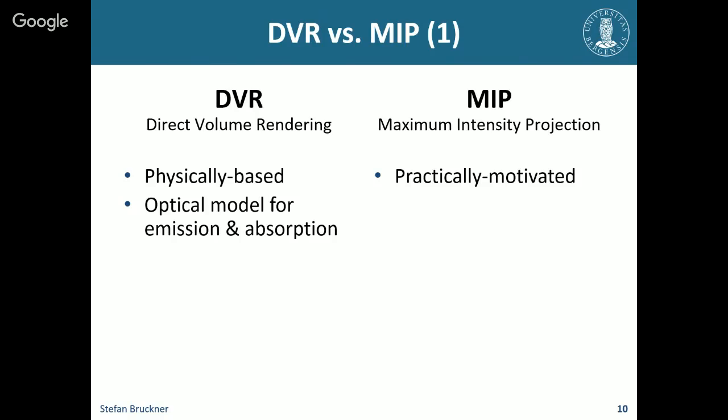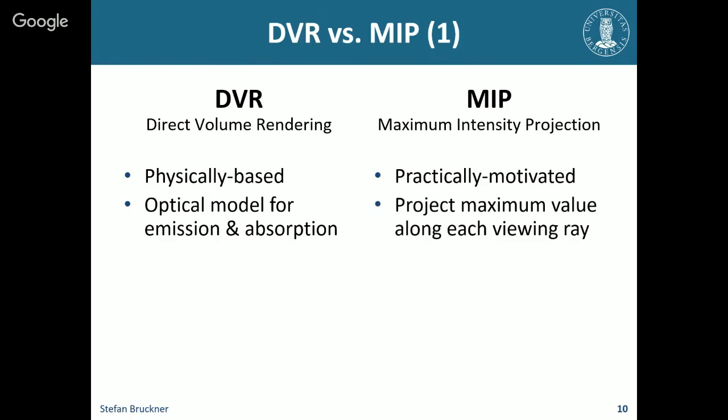A radio opaque substance is injected into the patient, and this substance causes the blood vessels to be very contrasted in the resulting CTA scan. Hence, it makes a lot of sense, since blood vessels will have higher data values in the reconstructed volume, to project the maximum value along each viewing ray.